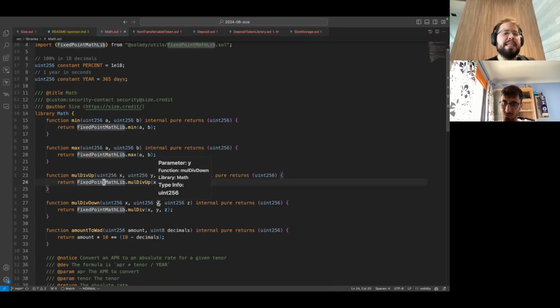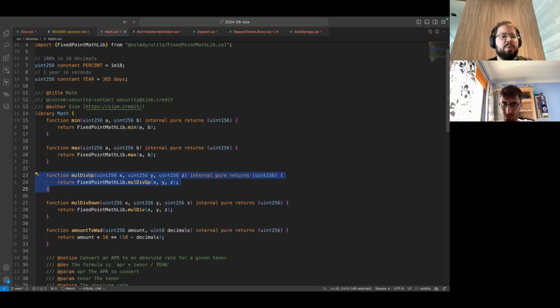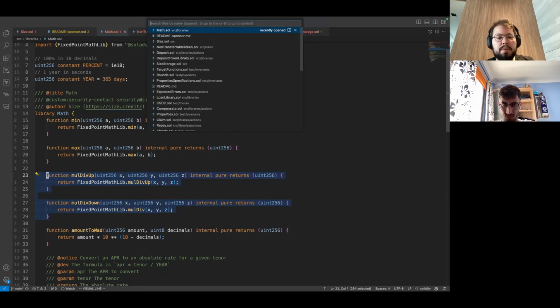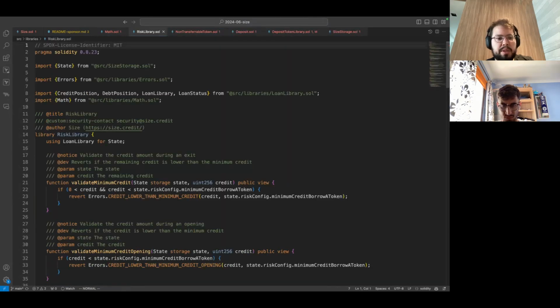Basically we do a forced rounding everywhere instead of rounding down, which is the default in Solidity. So here we have these helper functions for rounding up and for rounding down. And then everywhere we always round up or down explicitly, which helps auditors and users know what they are getting, basically. So for example, let's go to, I think it's in the risk library.